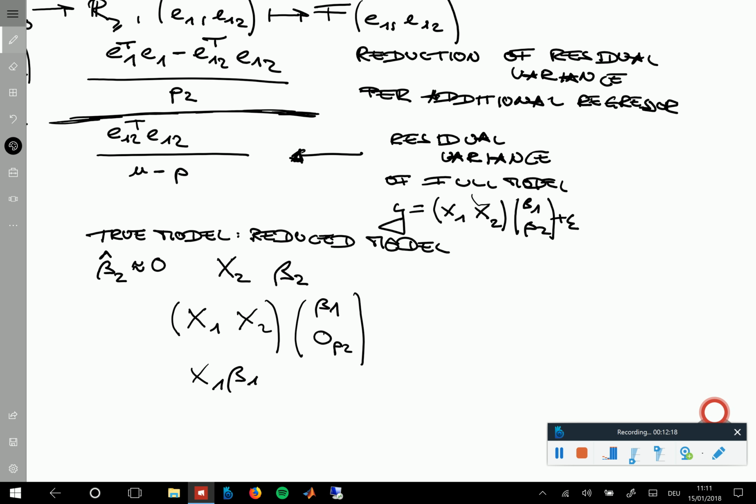Now this means that the addition of these regressors in X2 doesn't do much.